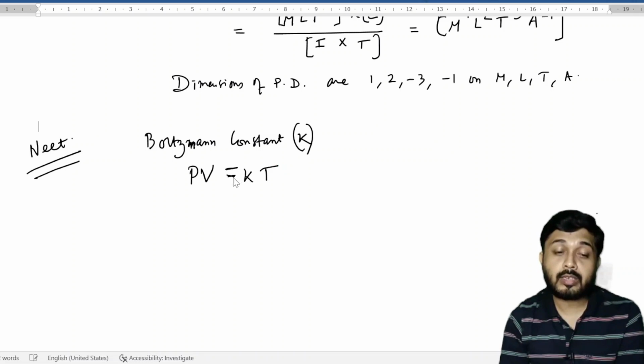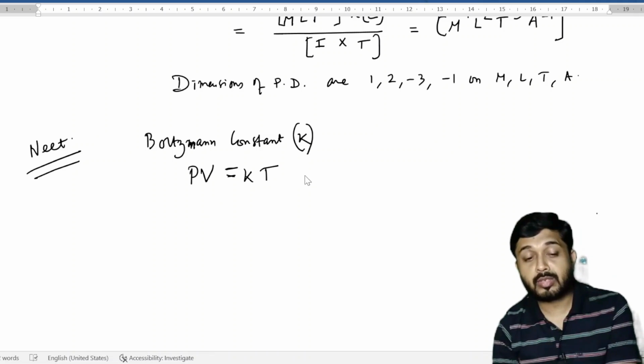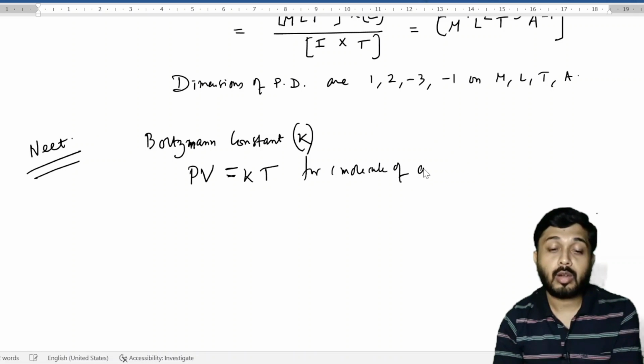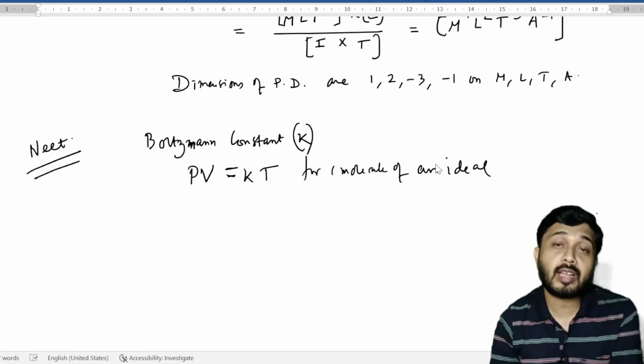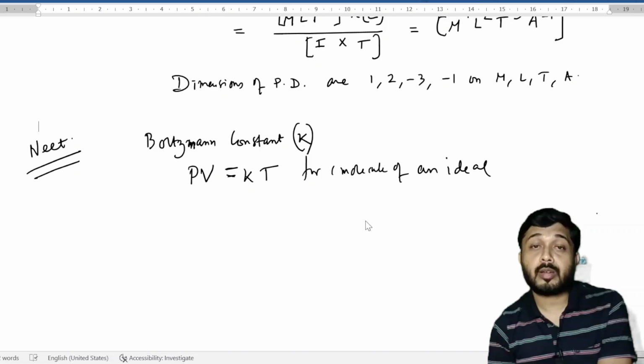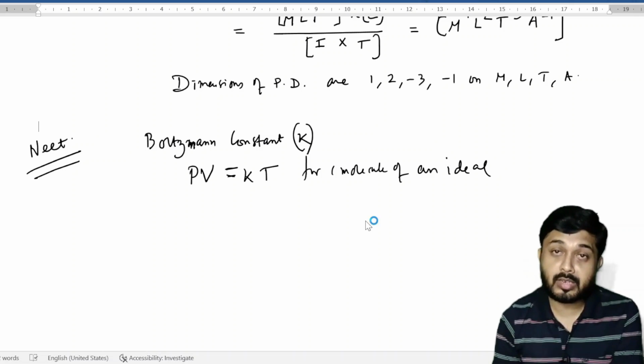What is K? K itself is the Boltzmann constant. This equation is true for one molecule of an ideal gas. You know, for 1 mole of an ideal gas, we have the ideal gas equation PV equal to RT, and you know that R is the universal gas constant here.